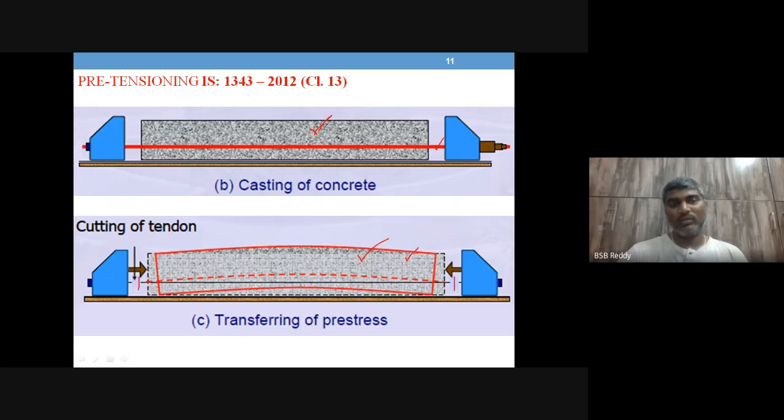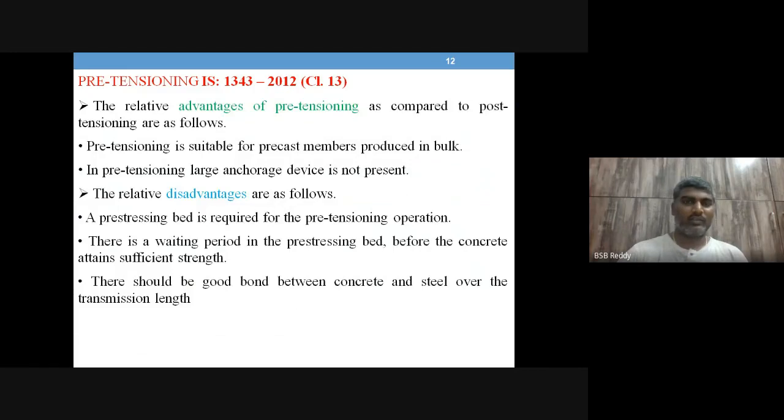That is what we call pre-stress, and this process of inducing pre-stress in concrete is called pre-tensioning. Pre-tensioning means tensioning the tendon prior to the preparation of the concrete. That is just to recall what happened in the last session.